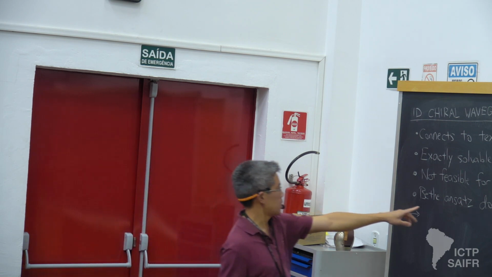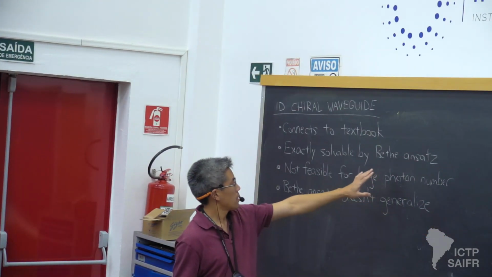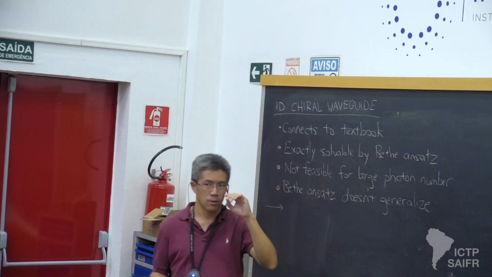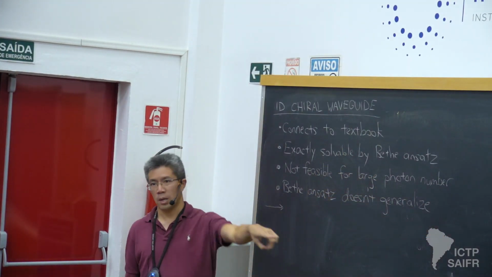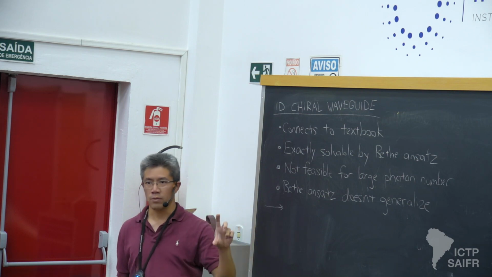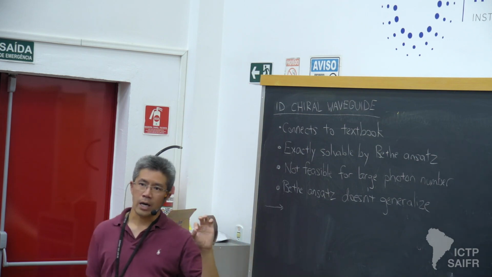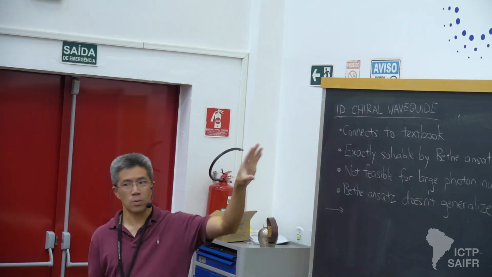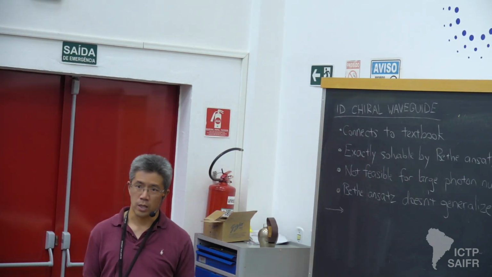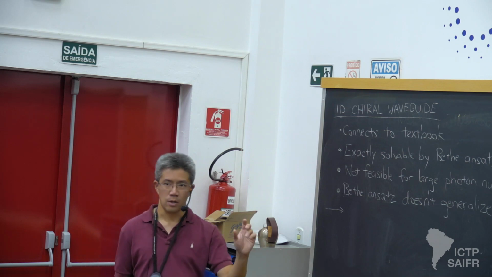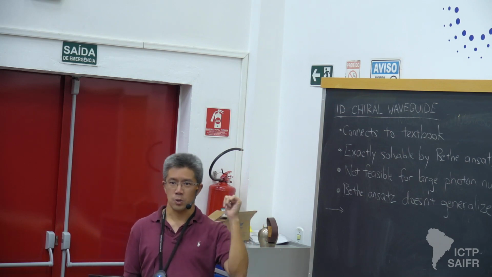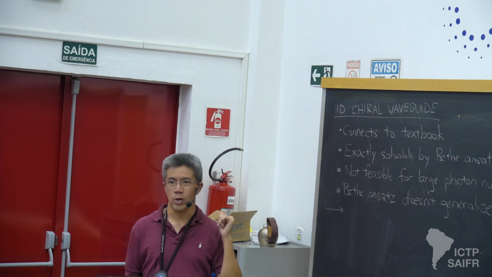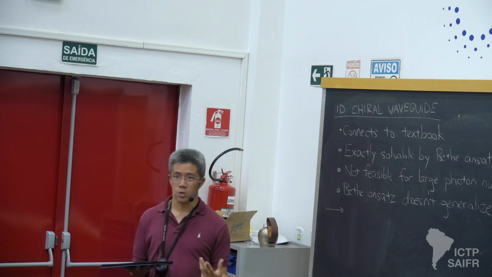When I say it doesn't generalize, this particular model is of light that only propagates in one direction and interacts with two-level atoms. If I were to add any other levels, like a three-level atom or two-level atoms plus Rydberg, the Bethe ansatz would break down. If I were to add, in realistic experiments, that light could also scatter or propagate the other direction, then the Bethe ansatz would also break down.